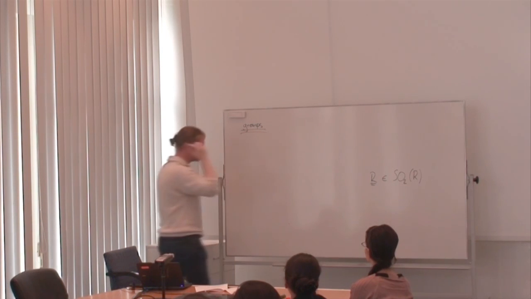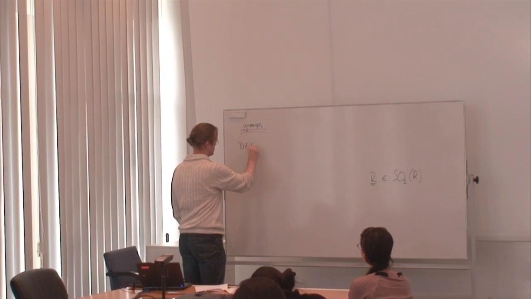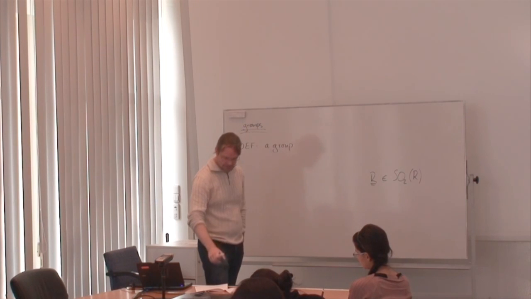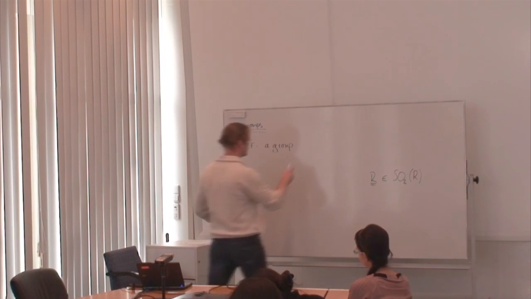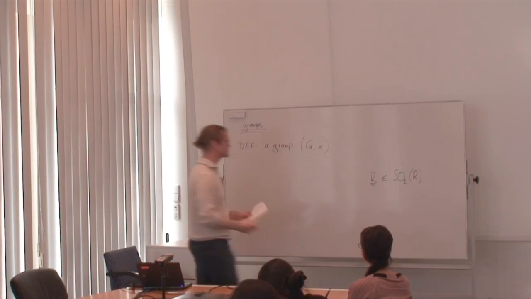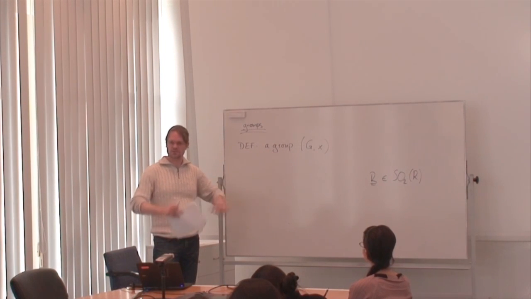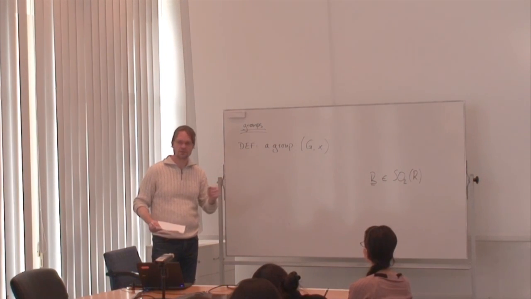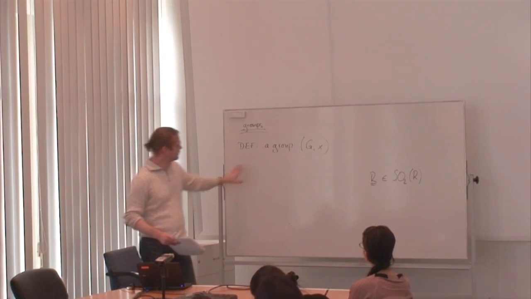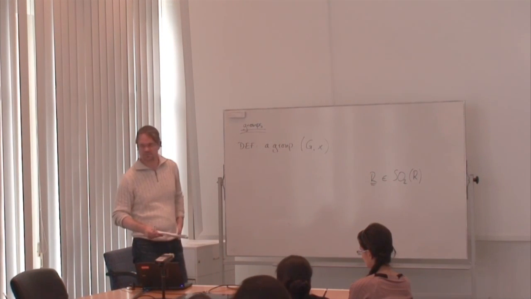Groups. A group is a tuple, I will write it like this, G and an operation, let's call it times. Remember last time we talked about vector spaces, I said it's a triple of a set V, an operation, let's call it plus, and another operation, let's call it times. Now we are talking about a tuple where we have a set, let's call it G, and some operation, let's call it times.